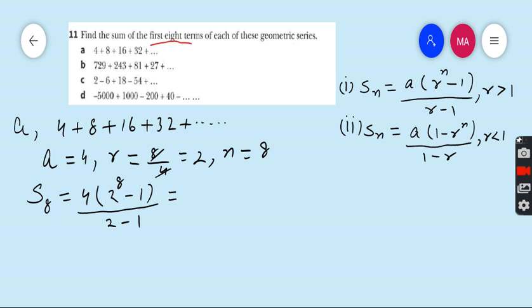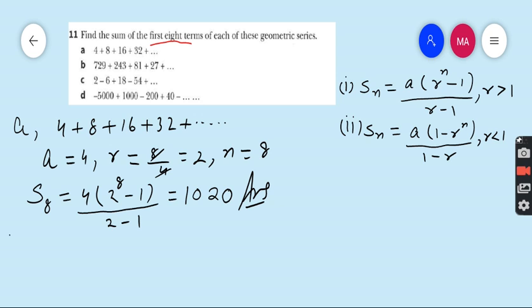Four into 2 power 8 minus 1 upon 2 minus 1, which is 1, so we just multiply 4 into 2 power 8 minus 1, and the answer is 1020. This is our final answer.